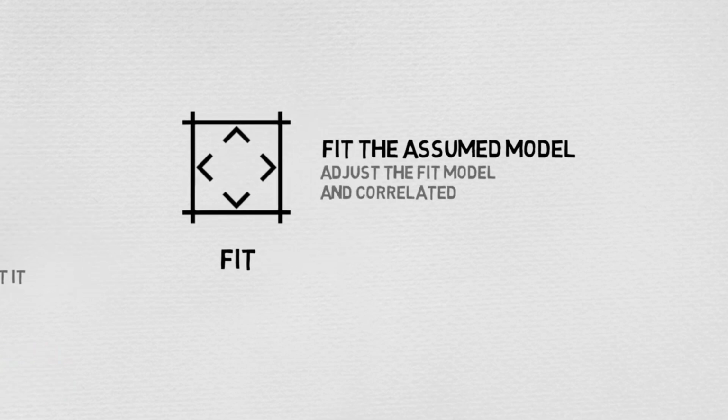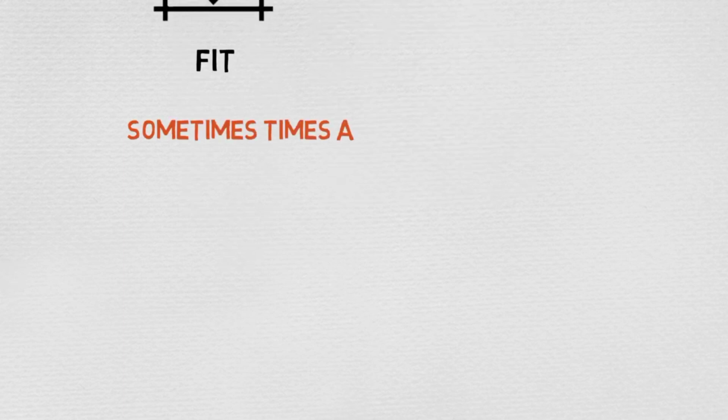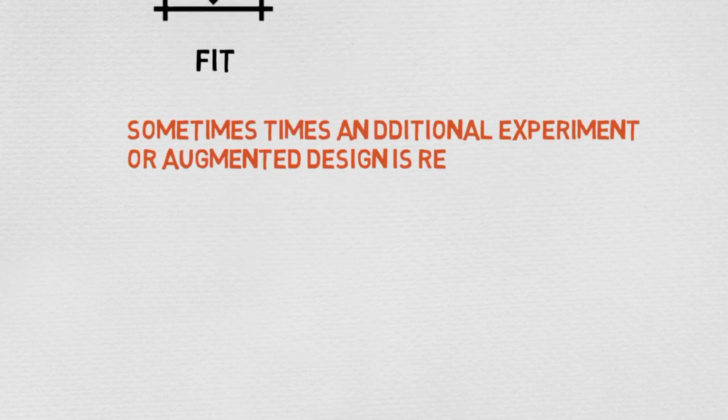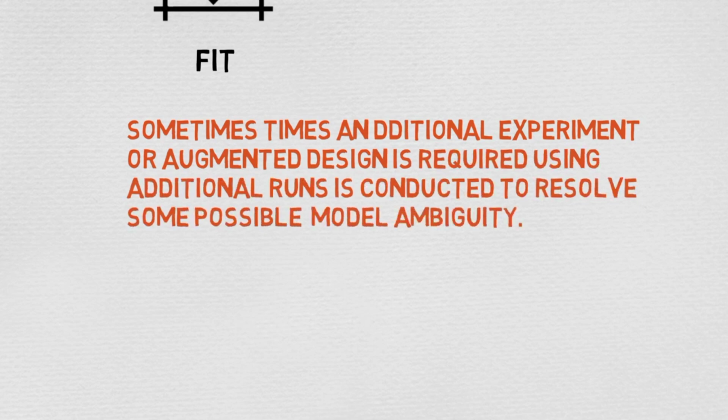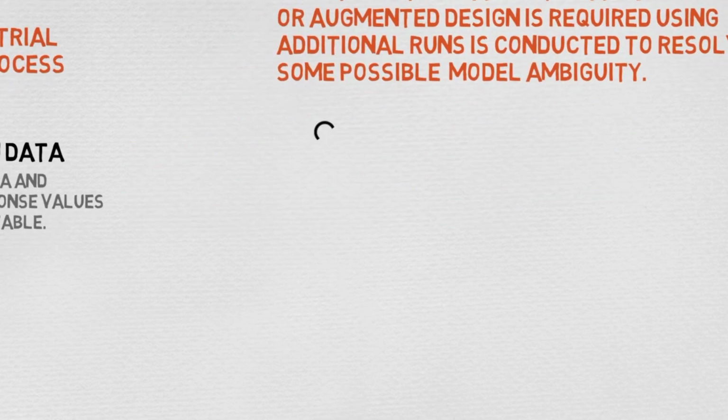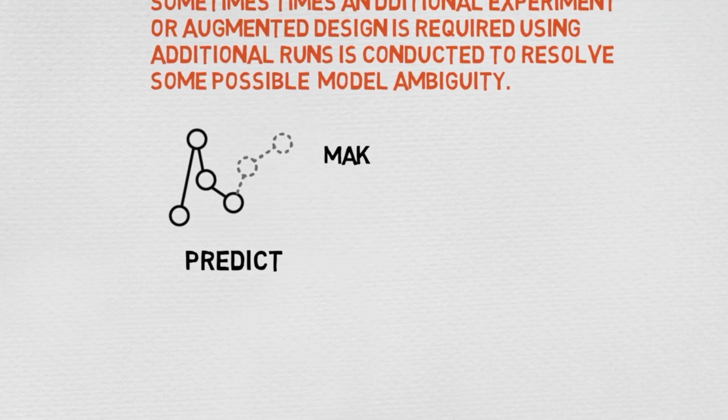In some situations, you might need to run another experiment or augment the design or perform additional runs to resolve some model ambiguity. The sixth step is the predict step, where we'll use our refined model to address our experimental goals.